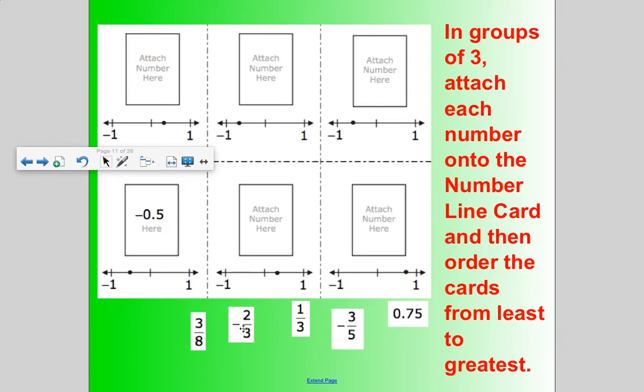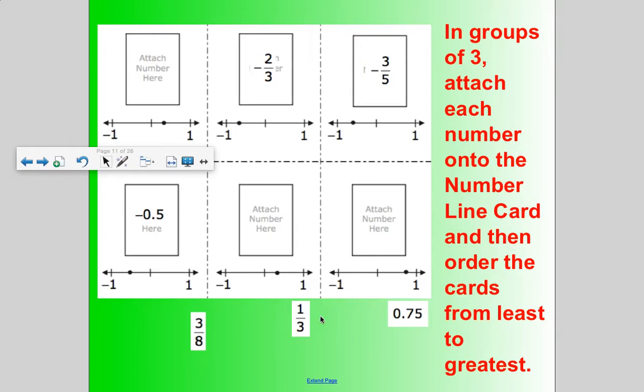It'll be negative 66 hundredths repeating. So it would be this one, and that would go here. Negative 3/5: if you divide 3 by 5, that will be negative 60 hundredths or 6 tenths, which is equivalent to 3/5 or 60 hundredths.